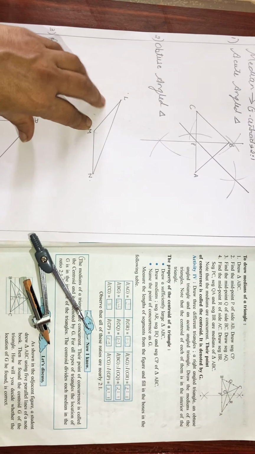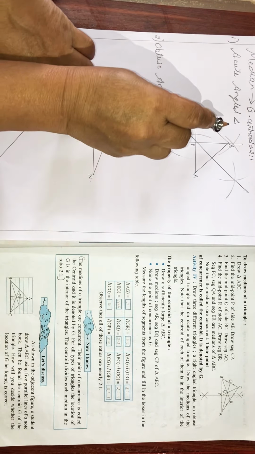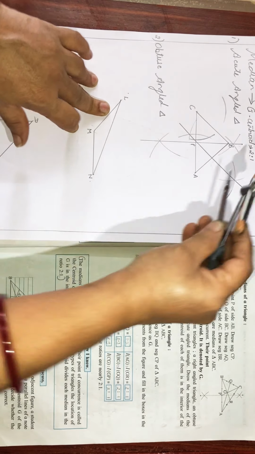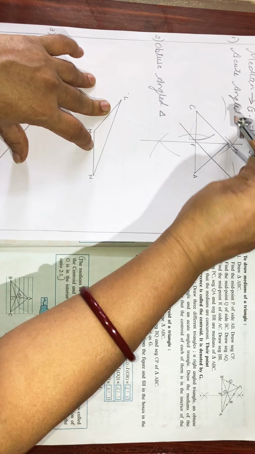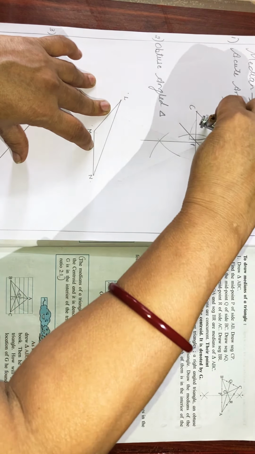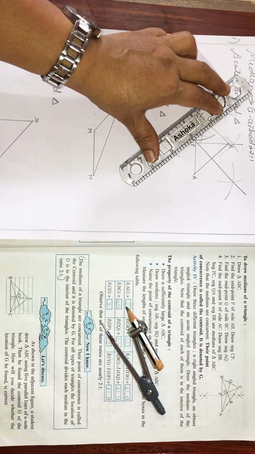Now the perpendicular bisector for side BC. Again, we'll take greater than half. Now here again, let's cut this one and this one. So here we have to join these 2 points of intersection.